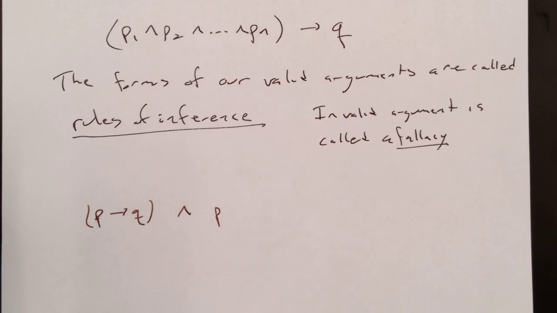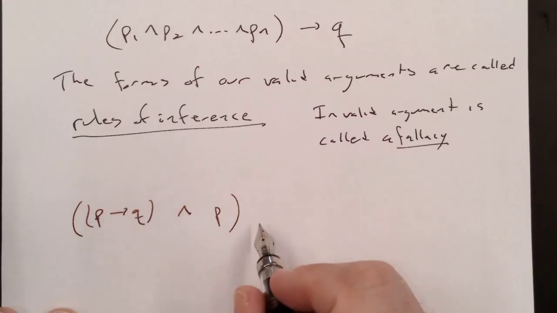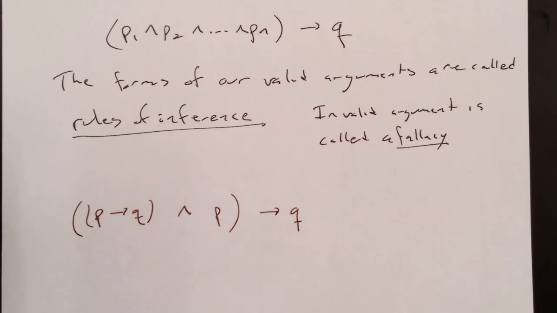What should happen? I claim this is a tautology. If both of these are true, this should be true. This is small enough in terms of the number of letters involved. I could actually check this one the long way.